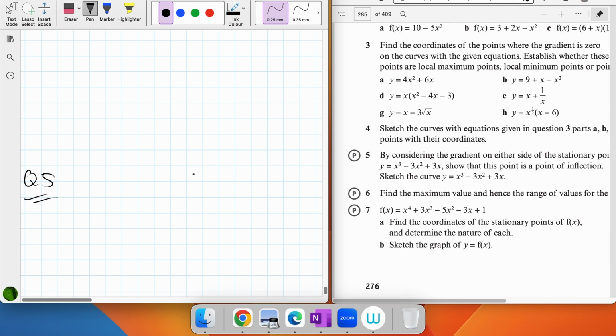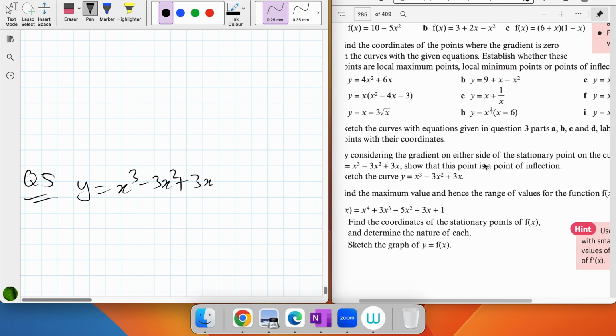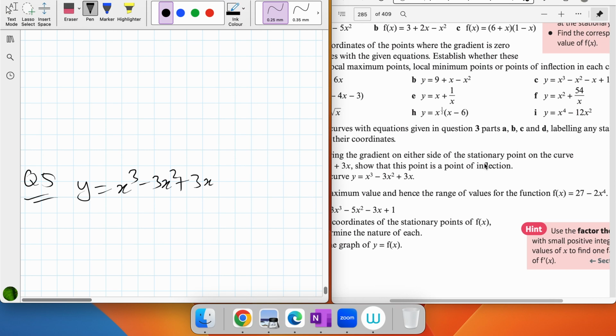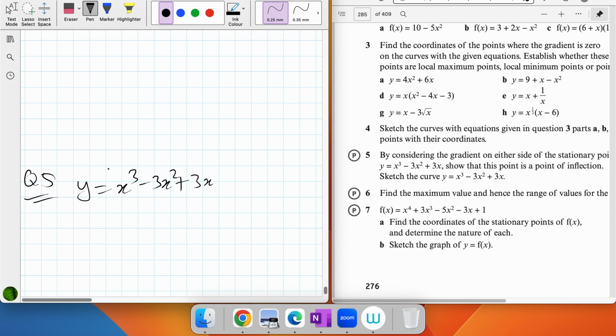So question number 5 says y is equal to x cube minus 3x square plus 3x. By considering the gradient on either side, show that the stationary point is a point of inflection. So first I'll find the stationary point.